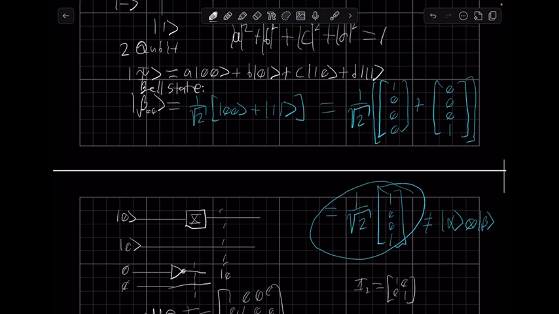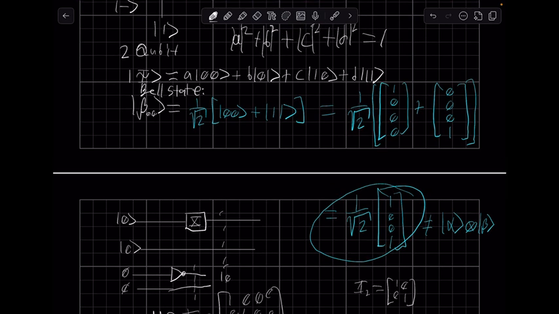Okay, so now to describe this specific example of the 0-0 Bell state would be to say, okay, we're still constraining this to being 1, right?